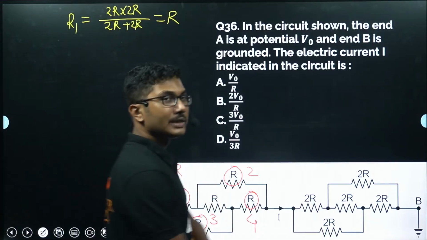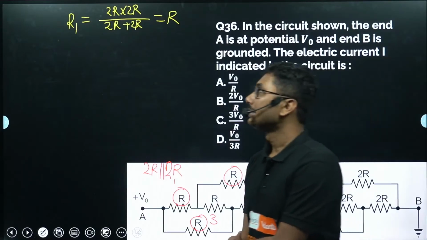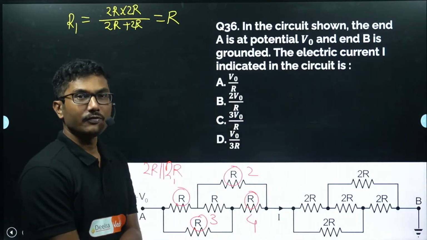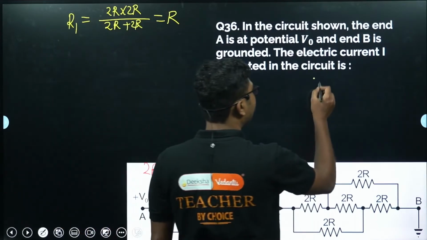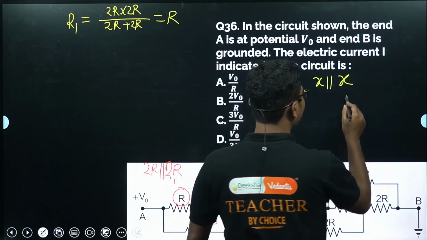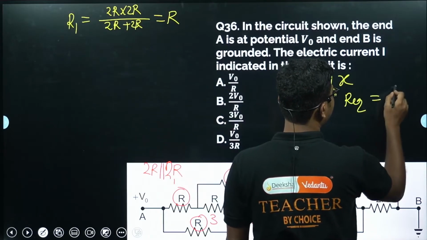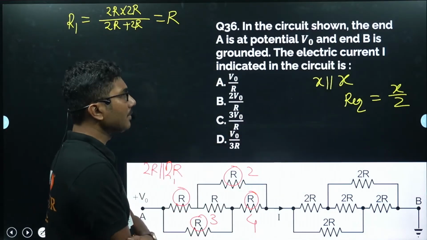Remember this, when two equal resistances are in parallel, then their equivalent resistance is half of any of them. So if X and X, two resistances, are in parallel, their equivalent resistance is X by 2. Just remember this, it will come in handy when you are solving some complicated question.